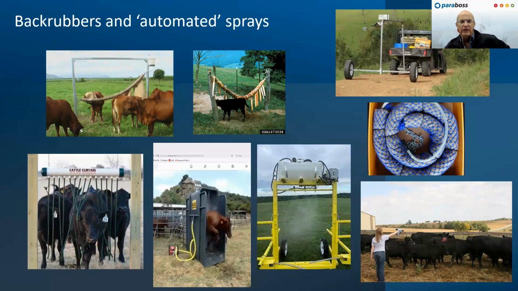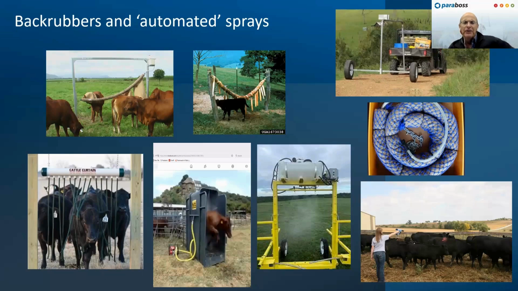These automated misting devices, which usually deliver a fairly soft chemical that isn't going to last very long, are mainly for use on dairies where they're quite concerned about the use of chemicals. They're automated, with an electronic eye that automatically sets off these misters and delivers the chemical as the animals walk in for milking or walk back out.